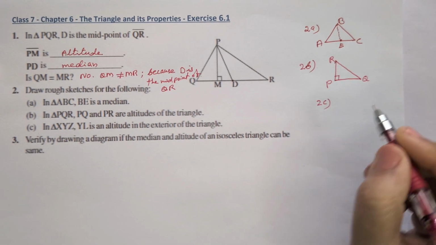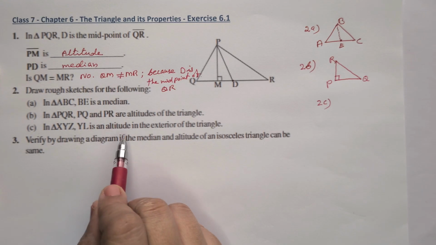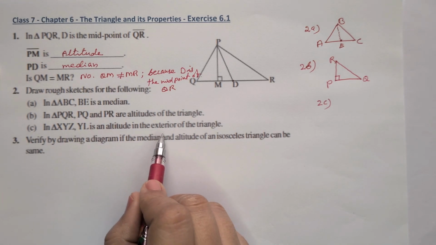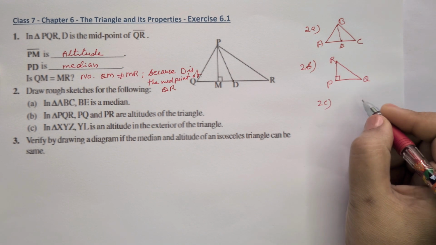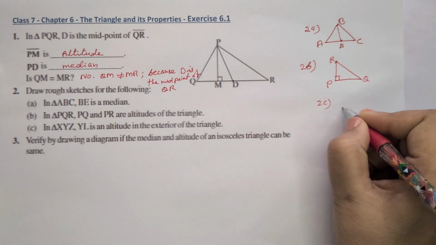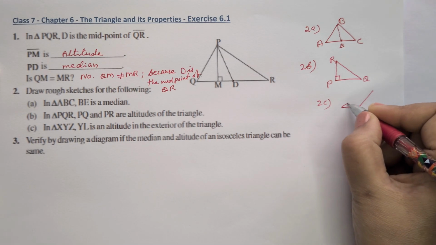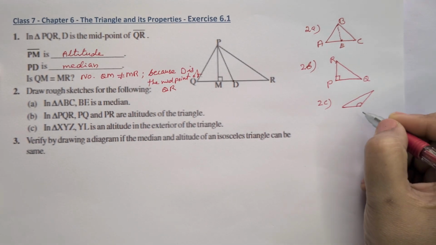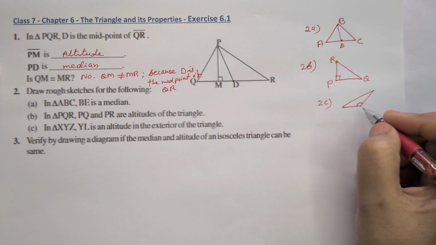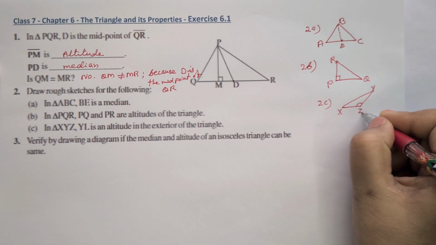Third part: in triangle XYZ, YL is an altitude in the exterior of the triangle. That means we have to draw an obtuse angle triangle, with this angle more than 90 degrees. Name it XYZ.